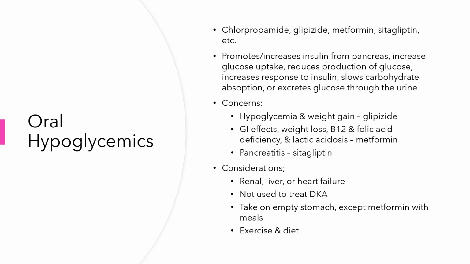These are going to promote or increase the insulin from the pancreas, increase the glucose uptake, reduce the production of glucose, increase the response to insulin, slow carbohydrate absorption, or excrete glucose through the urine. Either one of these pathways is going to decrease their glucose level, which is our goal.